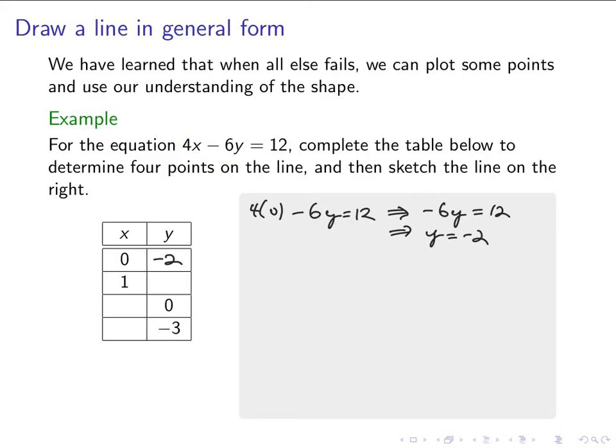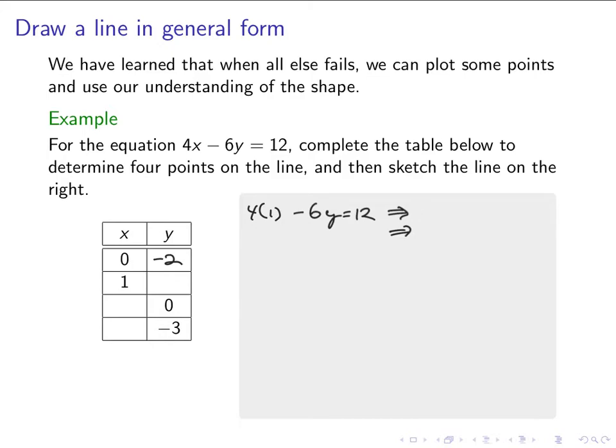So I can do the same thing when x equals 1. There's nothing special about 0, but it did make my equation easy. You can see that what happens if x equals 1 is that I have 4 times 1 minus 6 times y equals 12.